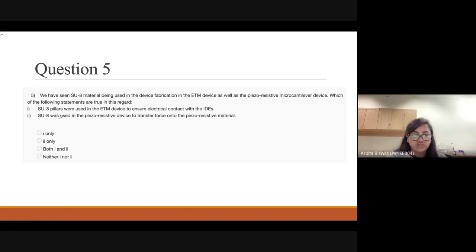And the second option is SU8 weight was used in the piezoresistive device to transfer the force onto the piezoresistive material. So the first option is 1 only and the second option is 2 only. The third option is both 1 and 2, and the fourth option is neither 1 nor 2. So go through the question carefully and try to give the right answer.